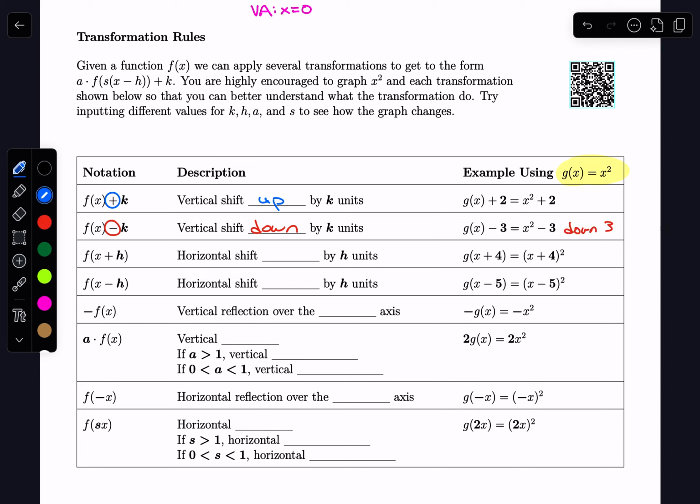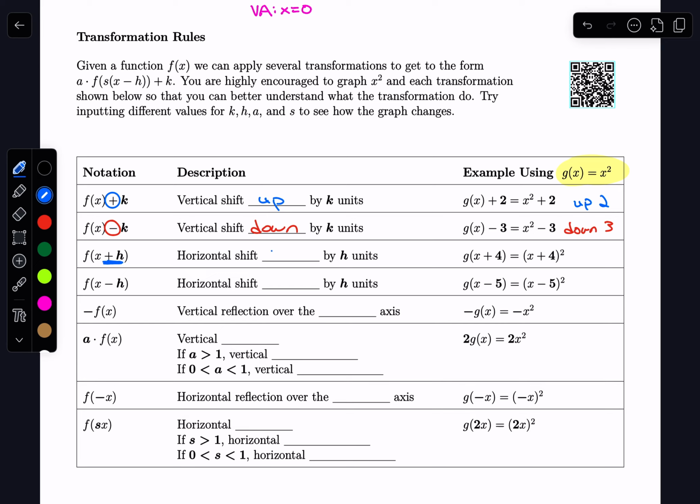If we want to move left or right, we put h for horizontal shift on the inside of the function. So right here, this plus h on the inside, f of x plus h, where it's in the parentheses, is a horizontal shift left by h units.